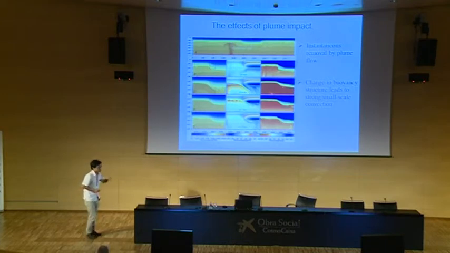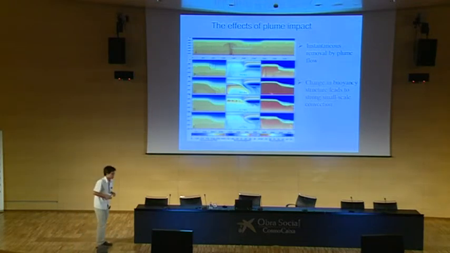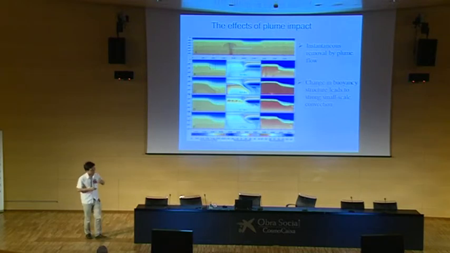This can cause instantaneous removal of the Cloetingh root by the plume flow. Then, because the plume is hot, it changes the buoyancy of this area, so it can cause strong small-scale convection, which will continue to erode the Cloetingh root, like we just saw.